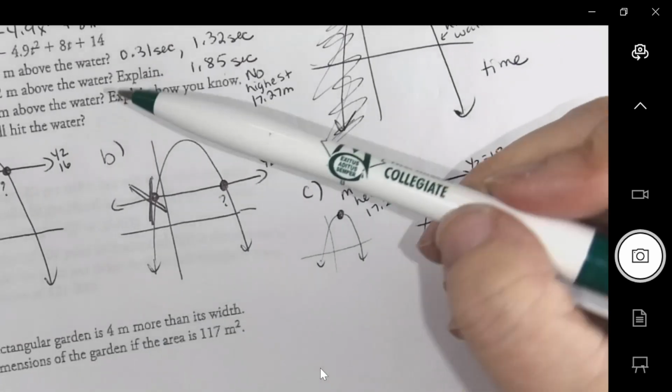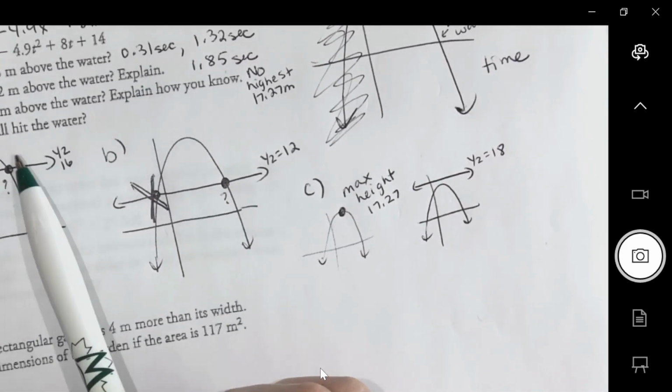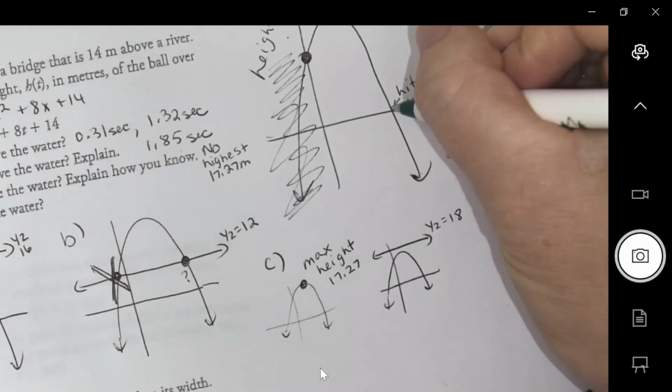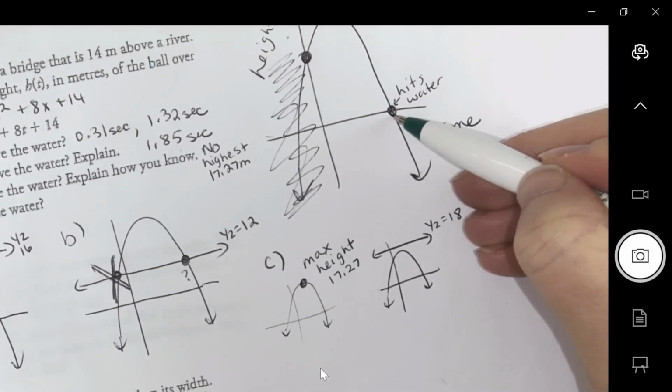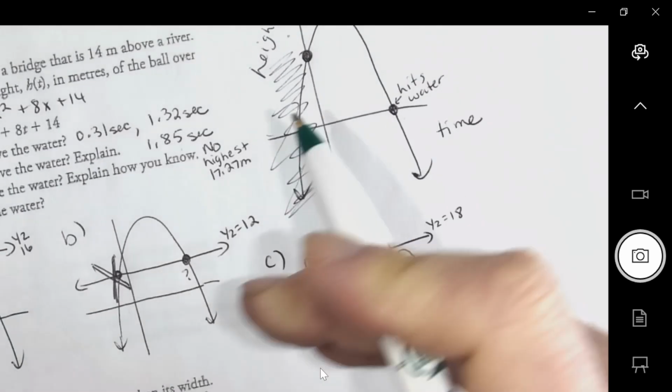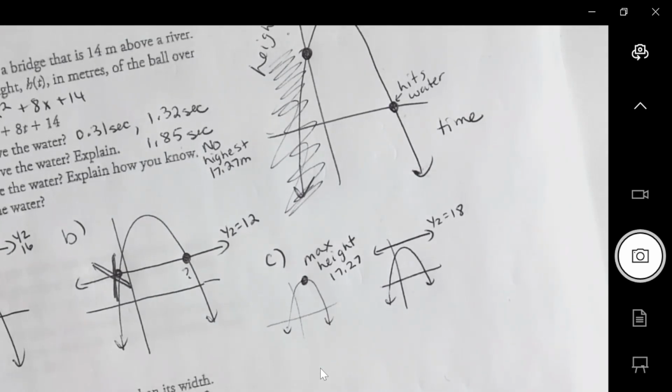Okay, last question. When does it hit the water? So I need you to find a 0. So this is the one you're looking for. Can you do a 0, left, right? Let's see if we can match.